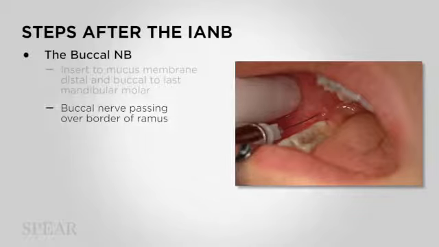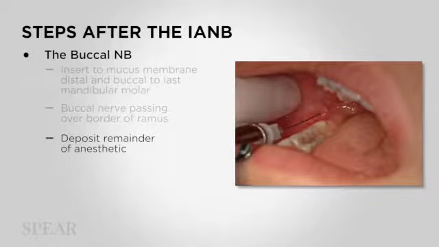And we deposit the remaining content of the cartridge. And this will give you soft tissue anesthesia anterior to that injection site, down to the mental foramen. So in theory, giving the IA block and the buccal nerve block should give you profound anesthesia of the entire quadrant. Unfortunately, this injection is more painful than the inferior alveolar.